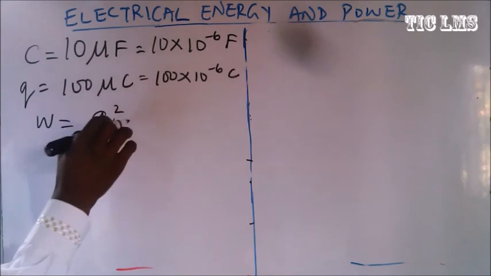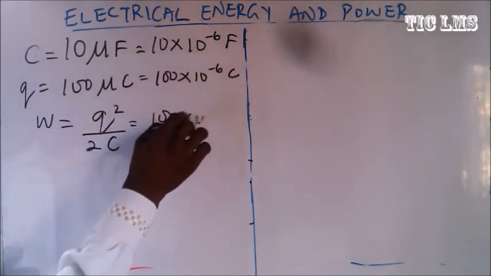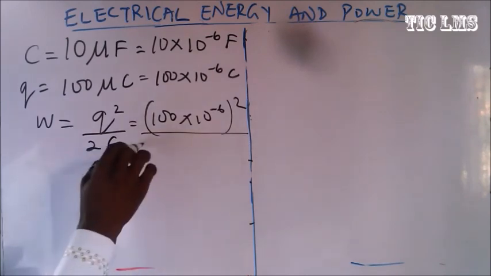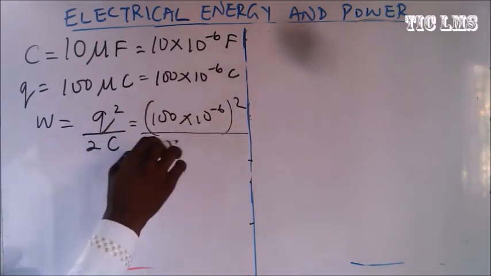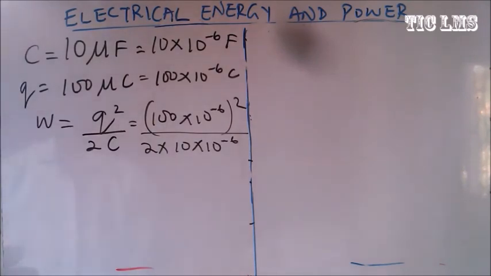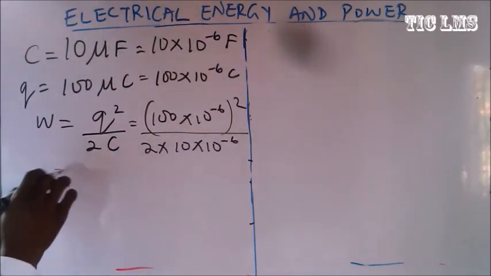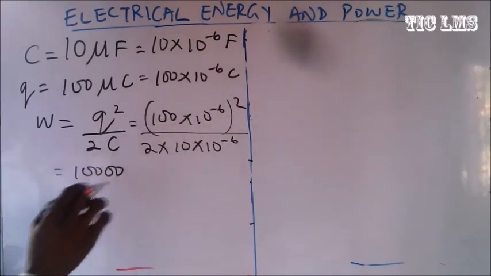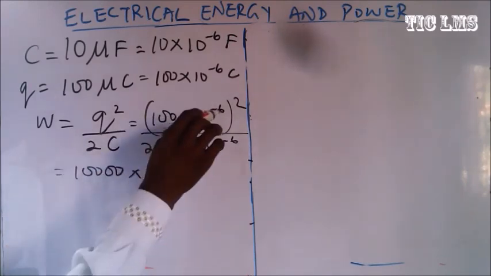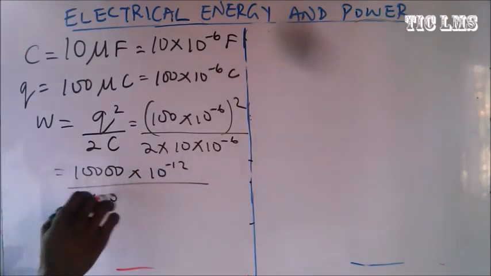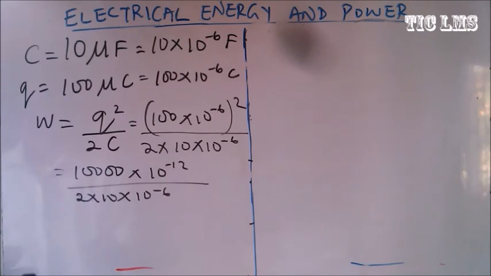Here our Q is 100 times 10 raised to minus 6 all squared over 2 times our C, which is 10 times 10 raised to minus 6. Now with this information, we have this squared, that will be then times 10 raised to minus 6 times 2, that's minus 12, over 2 times 10 times 10 raised to minus 6.